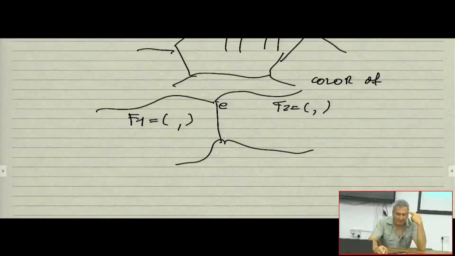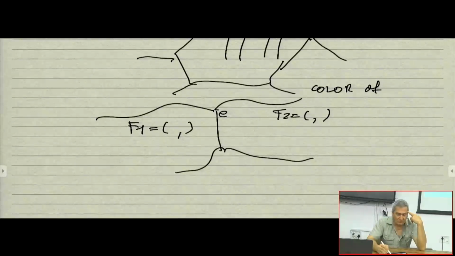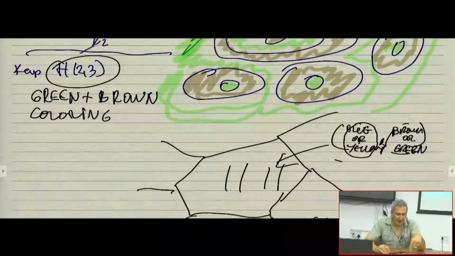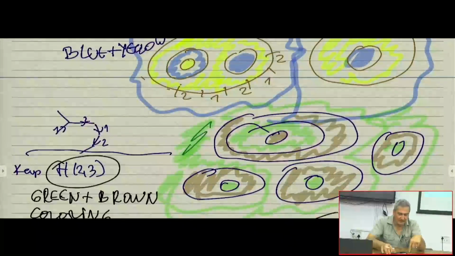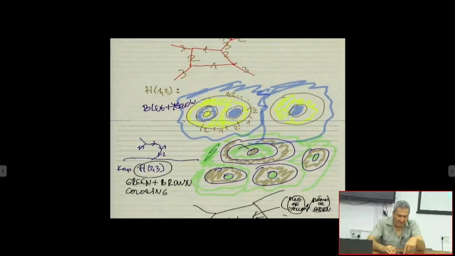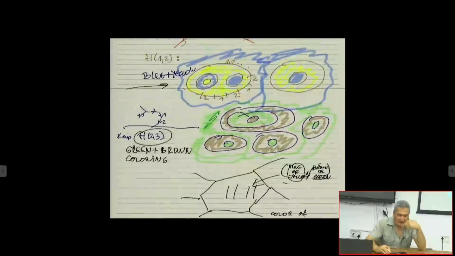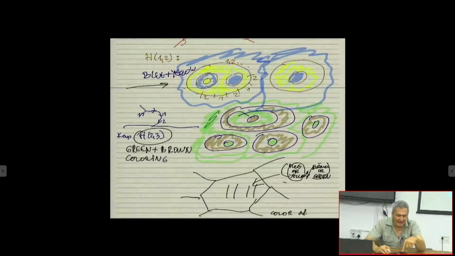And now we want to show that these two faces are colored differently. What happens if this color is 1, for example? Color 1 appears in this. So color 1 will appear maybe here.